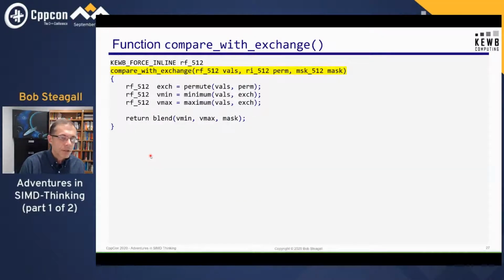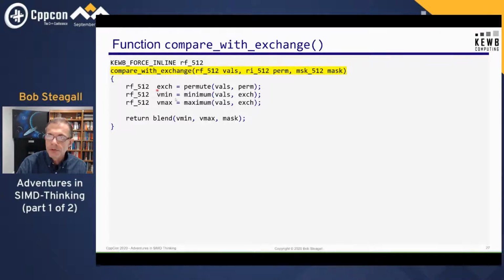Now here's a function that's a little more complicated, and it's very interesting. It's a way to compare. It's the basis of sorting the elements within registers. For lack of a better term and lack of imagination, I call it compare with exchange. So it's a primitive for sorting.